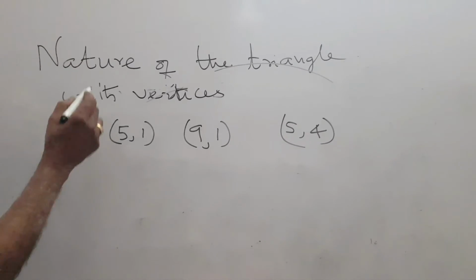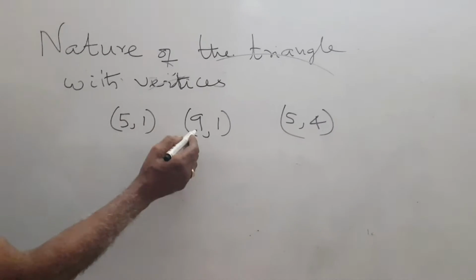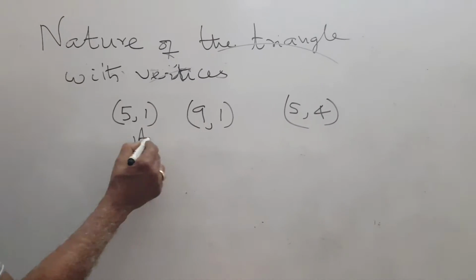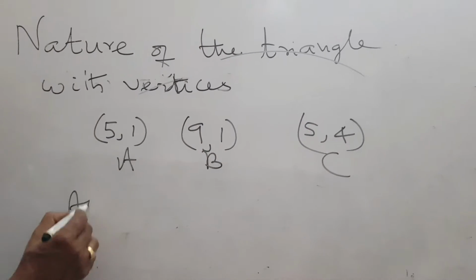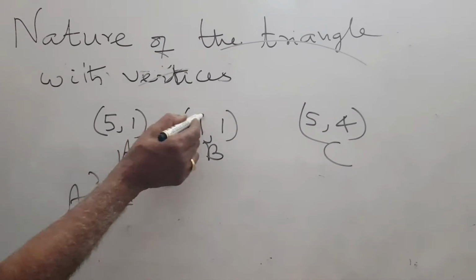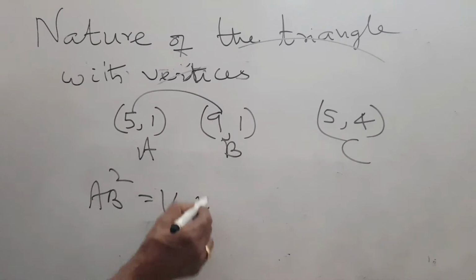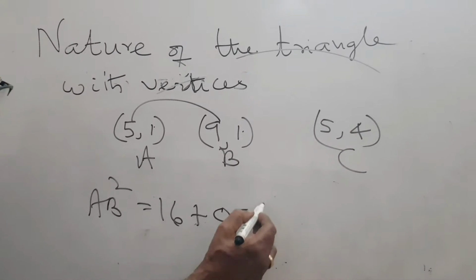Now we consider the nature of the triangle with the vertices (5, 1), (9, 1) and (5, 4). You call them A, B, C. As before, AB square: 9 minus 5 is 4, square is 16, plus 1 minus 1 is 0, so the result is 16.